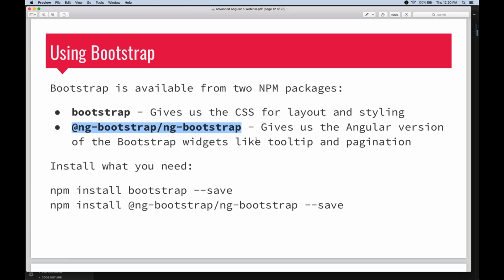Depending on what you want to use, if you're just going to be using the CSS layout, all you have to do is install the Bootstrap project in your Angular application. But if you intend to use the widgets as well, you need to install the second package in your Angular application.